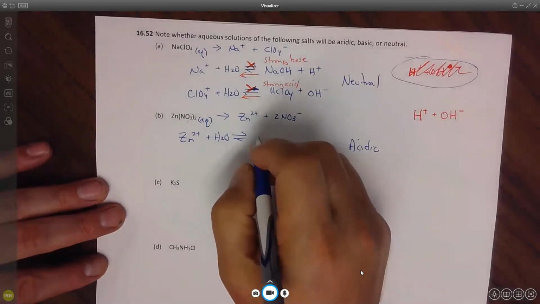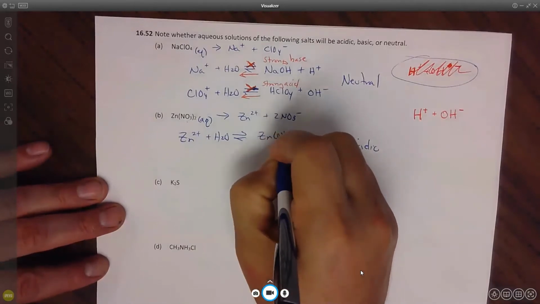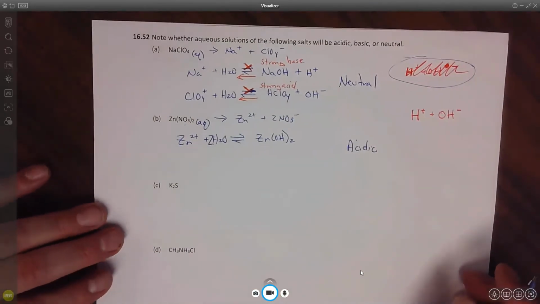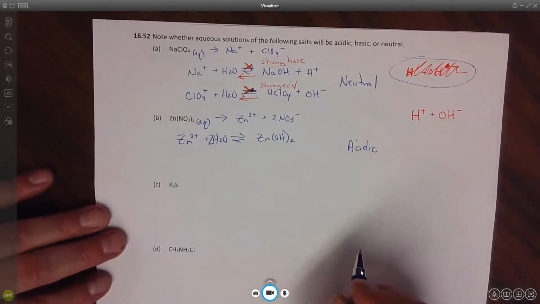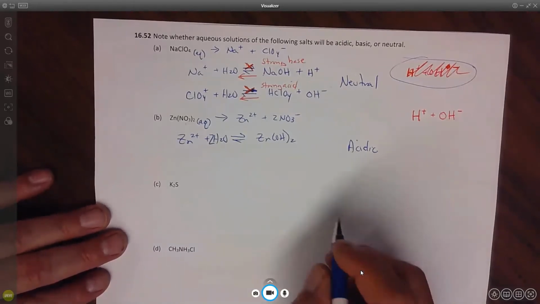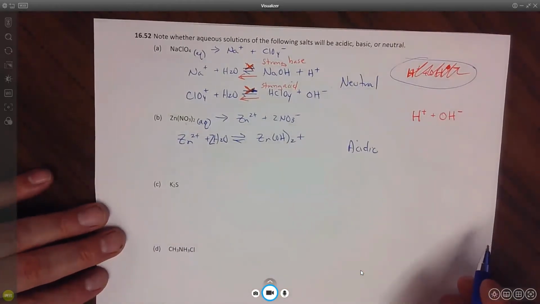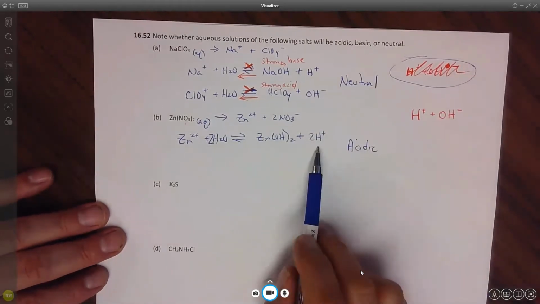How many of them? 2, right? So it's going to form Zn(OH)2. That means this would have to be a 2 because we're getting 1 hydroxide per water. What else are the products? Well, you have 2 hydrogen left over. That's what's left over. And therefore it would be acidic.